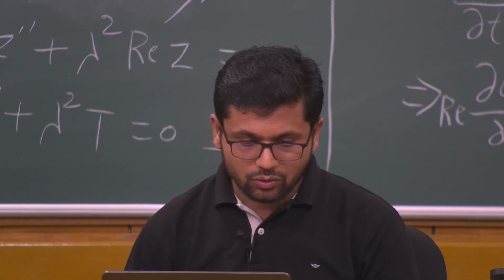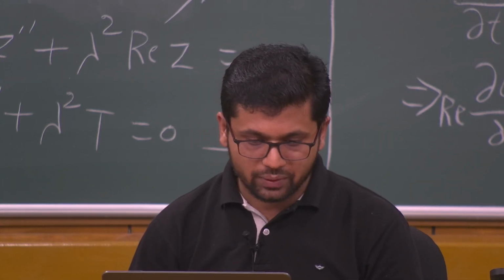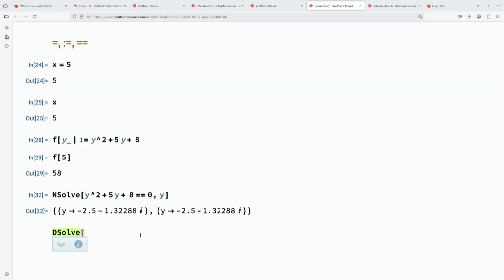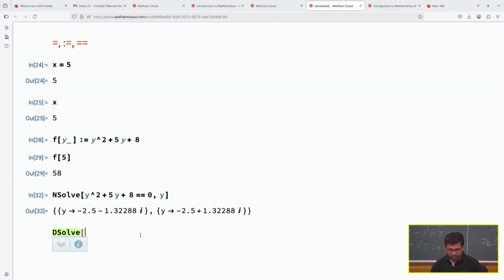So, let us try to solve one problem with DSolve. I will use the same differential equation which we got for Couette flow. So, I am writing DSolve and then the differential equation, which is Z double dash of z.